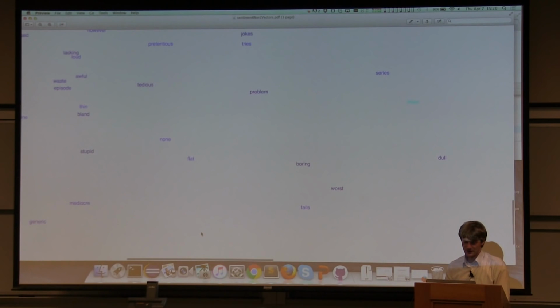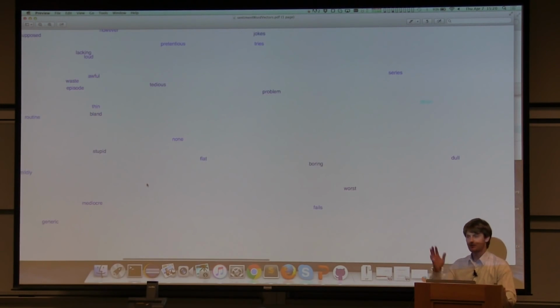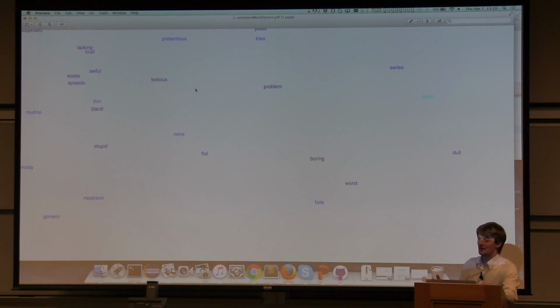And if you go in this part of the space, and again, these are just the two first principal components of the space, you see that stupid, bland, thin, waste, awful are all pretty negative words, and they cluster together. So whatever we initialize them with doesn't matter anymore. They lost all this beautiful king minus man plus woman stuff, and now all their vectors are capturing is whether they're positive or negative.